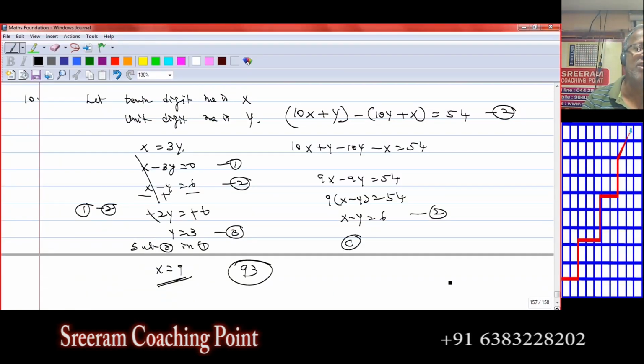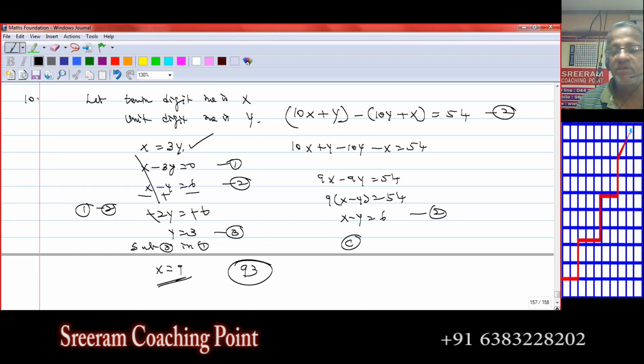Are you understanding, all of you? So how it got cracked? Let me repeat. If 10th digit number is X, unit digit is Y. They have mentioned that 10th digit number is thrice that of unit digit, so X equal to 3Y. Then they have said if the digits were transposed, the difference between the first number and the second number is 54. 10X plus Y is the value for the first number.